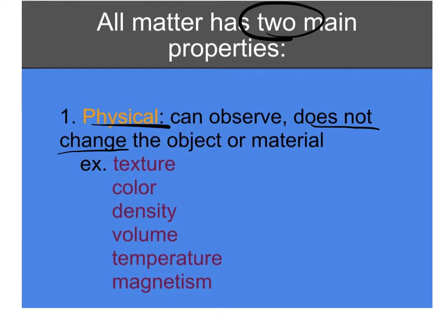It may change what it looks like, but it won't change the material itself. So we're talking about things like texture, color, density, volume, temperature, magnetism. If you measure this about a substance, it is not going to change it into an entirely different substance. That is a physical property.